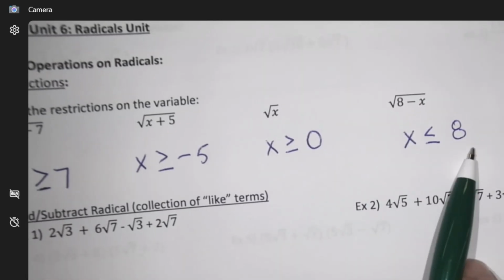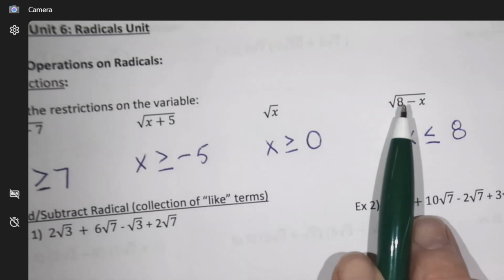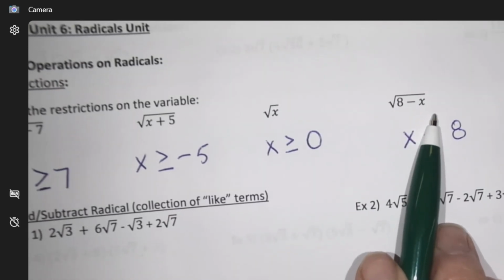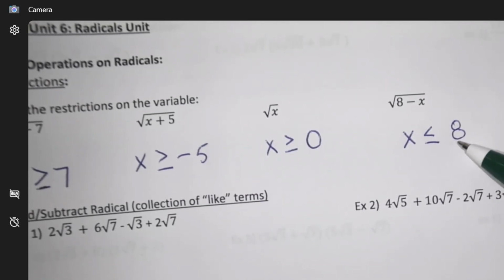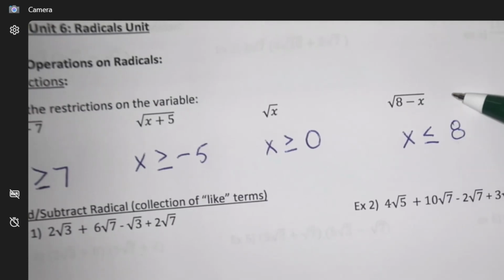So something less than 8, like 6, 8 minus 6 is 2. And I can square root that. If you go above 8, so pick a number bigger than 8, 10. 8 minus 10 is now negative 2. Can't square root that.